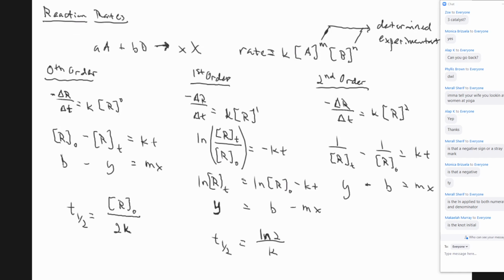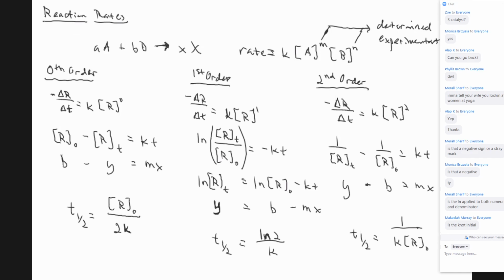And last but not least, the half-life for a second order is 1 over k times the initial concentration. So these are all the half-lives for the zero order, first order, and second order within your system.